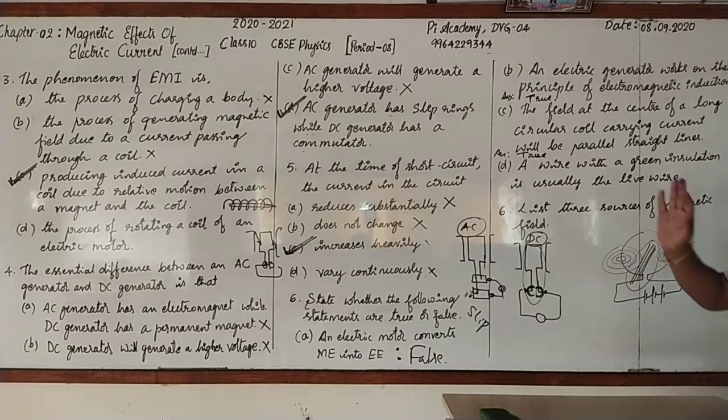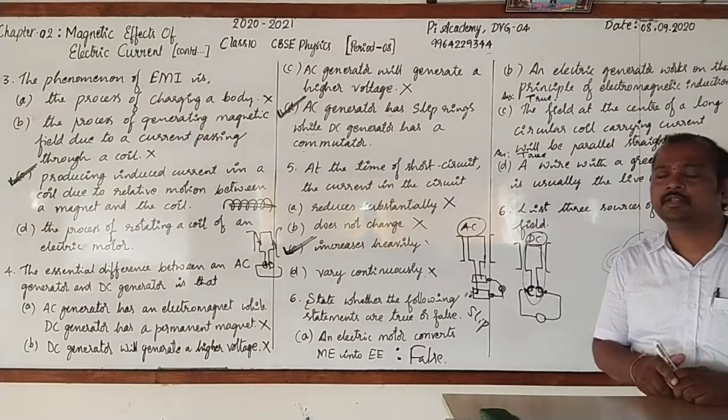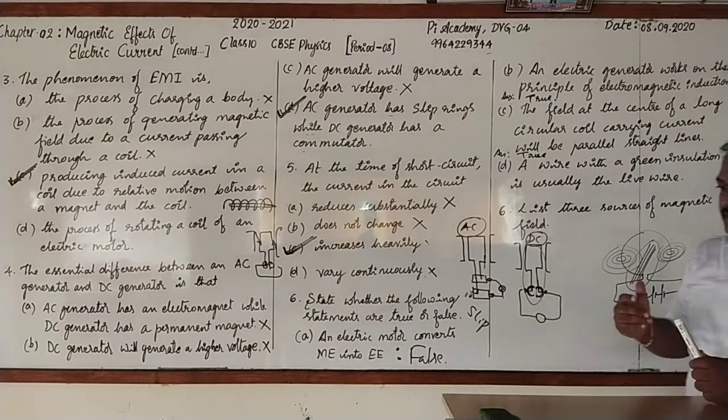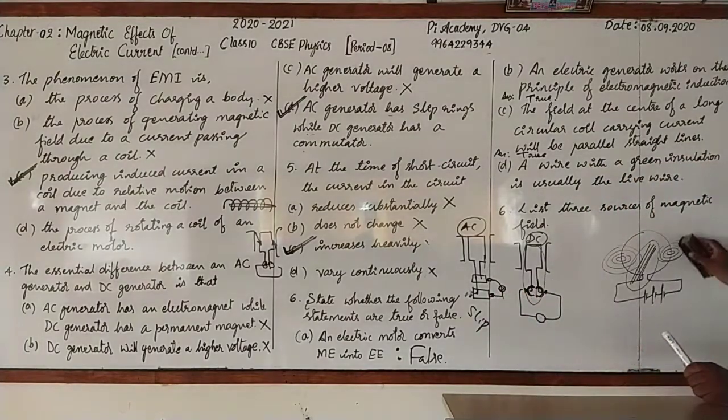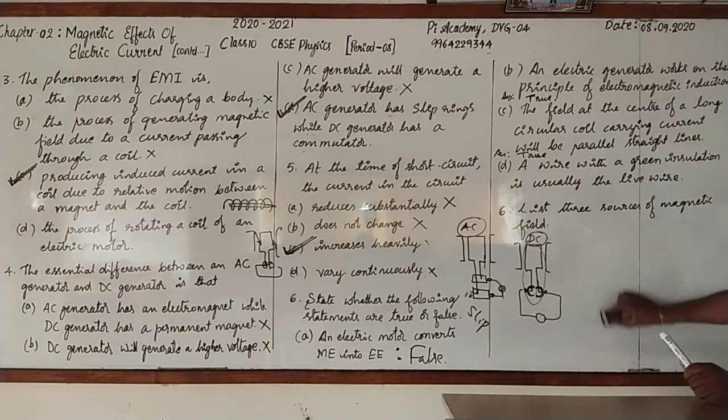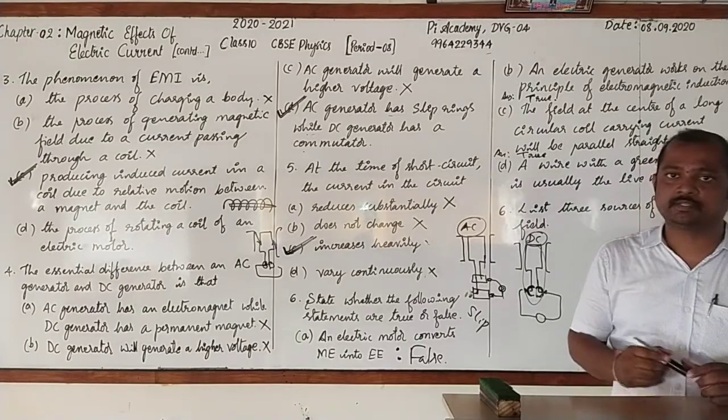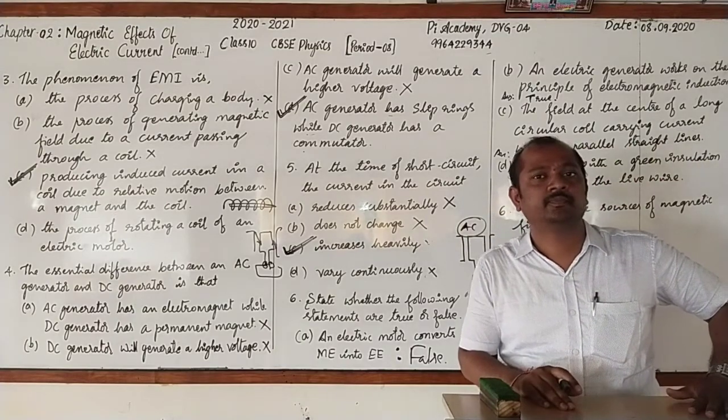Then option D. So not option D, D1. Observe. A wire with a green insulation is usually the live wire. Is it true? Dear students, in domestic circuit, we go for using different color code wires. What are these?